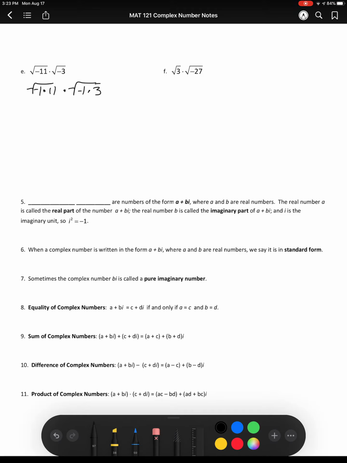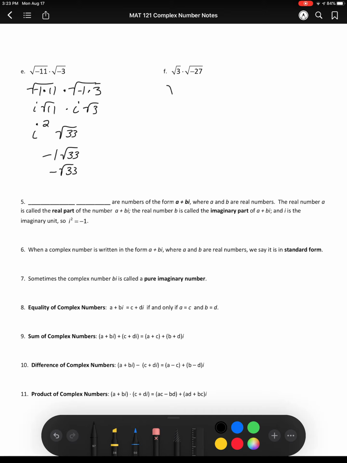So remember, the square root of negative 1 is i. So we would get i square root of 11 times i square root of 3. i times i is i squared, and then square root of 11 times square root of 3 is square root of 33. i squared, remember, is negative 1. So negative 1 root 33, or just negative root 33.